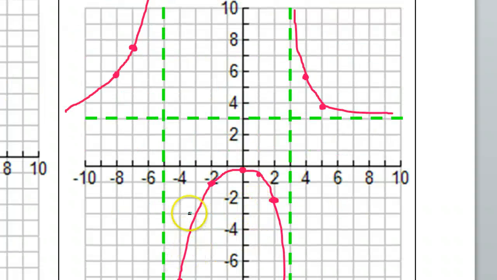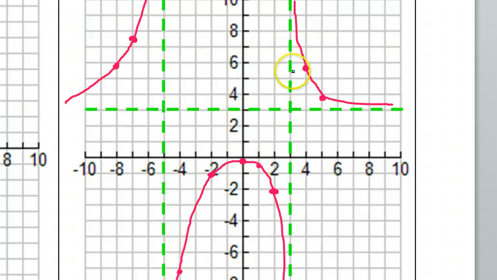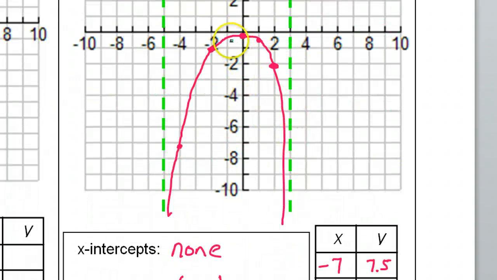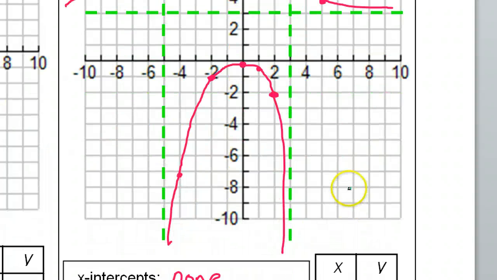We've seen graphs that come up and go across the horizontal asymptote in a situation like this and go on up. So if I only had points on the left side here, I wouldn't know if it should be going up through here. So I had to pick enough points so I can see it's curving on the left and curving on the right. So use your judgment, but the more points the better.